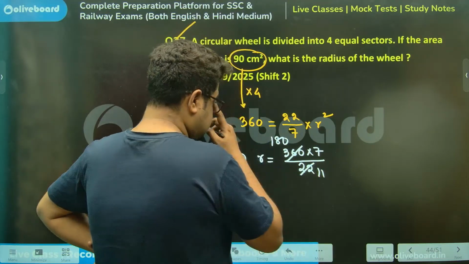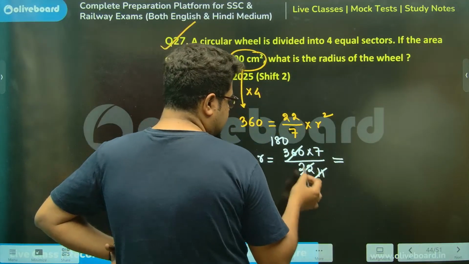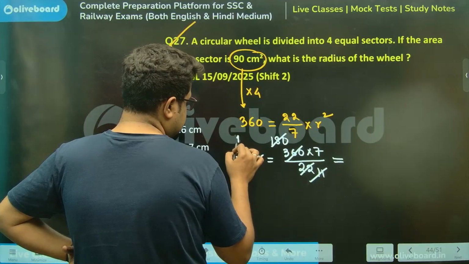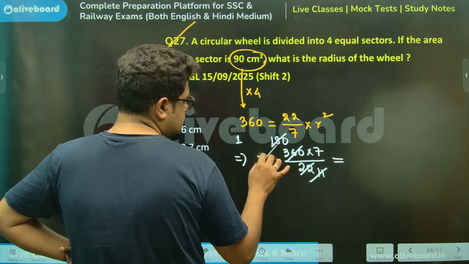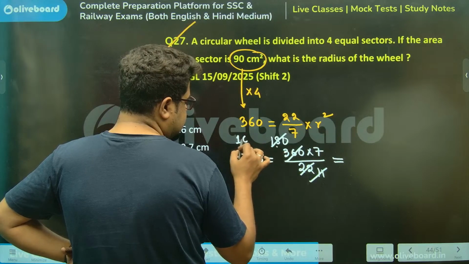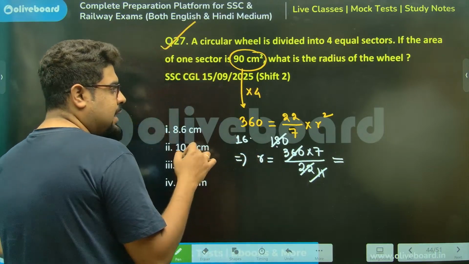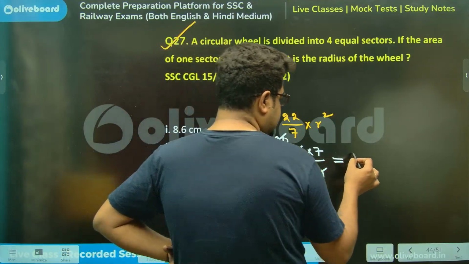Can we do anything else? Let's do the calculation beforehand. 11 ones are 11. So 70, meaning 6 times. 4 by 11, meaning 36. 16.